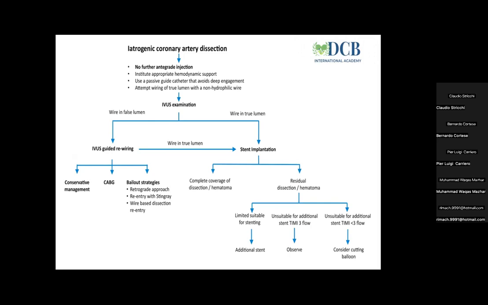If we have residual dissection or hematoma suitable for stenting, you go for additional stenting. If it is unsuitable for additional stent with a TIMI 3 flow, we can observe. If it is unsuitable for additional stenting with a TIMI flow less than 3, we have to consider a cutting balloon.